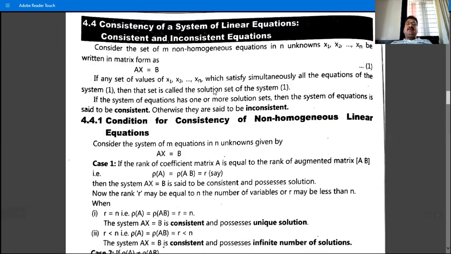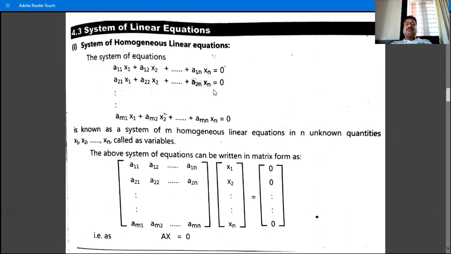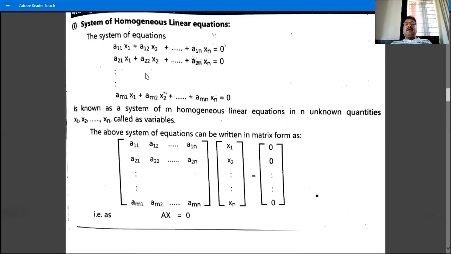And we know that when the system is consistent, it has at least one solution. So what is the trivial solution of this system? x1 is equal to 0, x2 is equal to 0, xn is equal to 0. If we take all the values of the unknowns equal to 0, then the first equation is satisfied, the second equation is satisfied, and the last equation is also satisfied by these values.